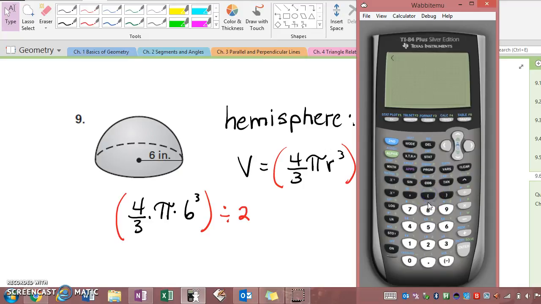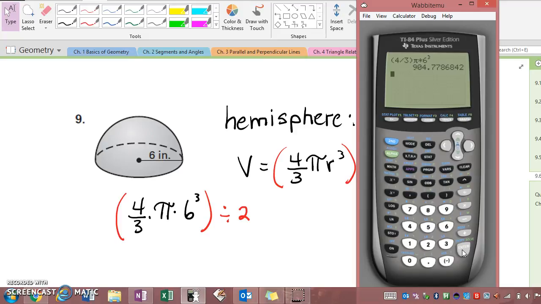If you want to just use the fraction, be sure you use your parentheses, 4 divided by 3, and then your pi button times pi, and then times 6 raised to the 3rd power. That's going to give you the volume of a sphere with a radius of 6 inches.